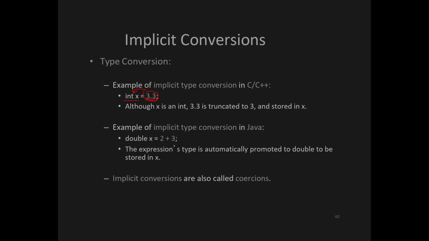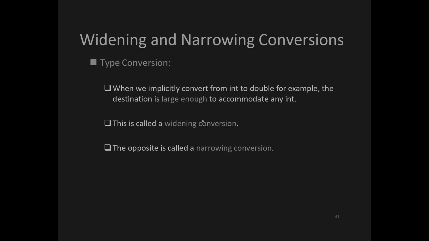Another thing is that in Java, with implicit type conversion, 2 plus 3 is 5, but even though it's an integer, it's going to be converted to a double in order to be stored in this double x. And implicit conversions are also called coercions.